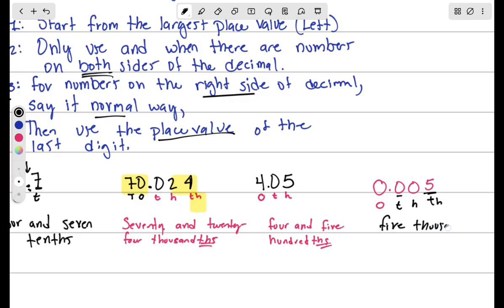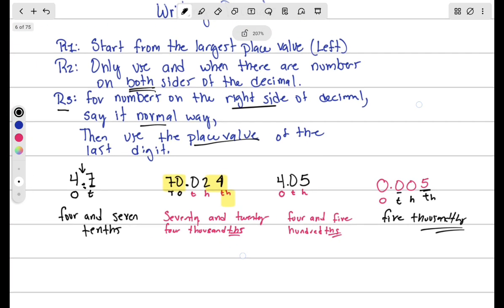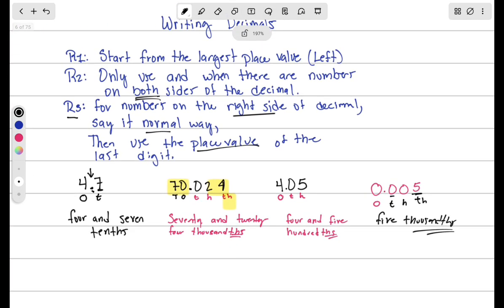There's no "and." Good. So this is writing decimals. This is how you communicate decimal numbers. You can use the chart that we did at first, whatever you need, or you can put your place value under the values.